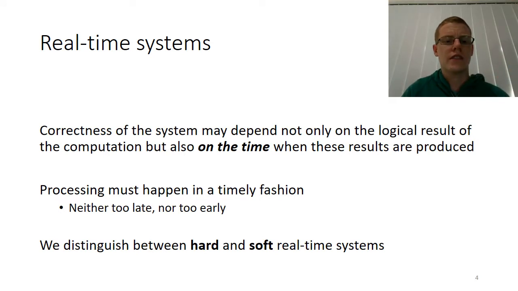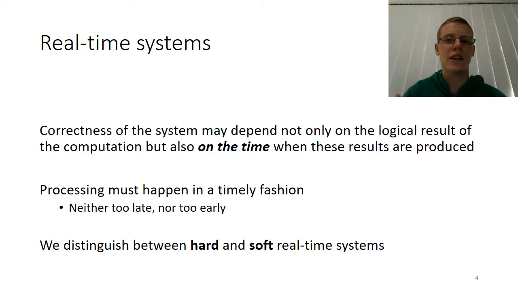Some further factors. The correctness of our system is no longer just dependent on the logical result of our computation, but it will also depend on the time at which those results are produced. So the processing must happen in a reasonable, timely fashion, and this can both mean that the processing must not happen too late, but also that the processing doesn't happen too early.